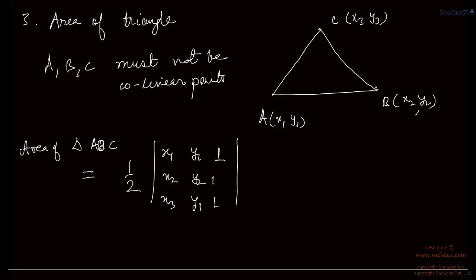Okay, I hope you all know how to evaluate this determinant. So we can calculate the area of triangle by expanding this determinant, in which the elements are the coordinates of A, B, and C.